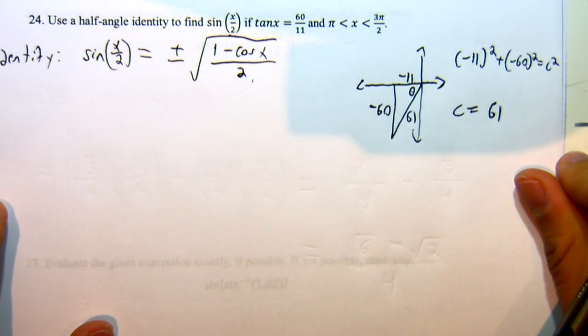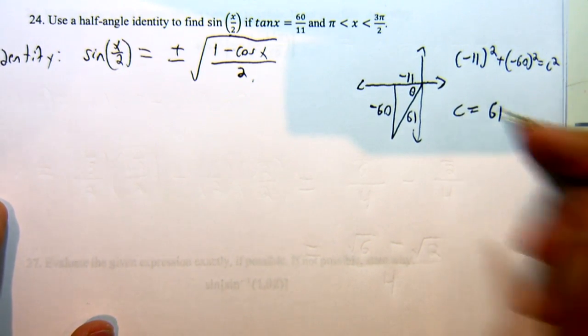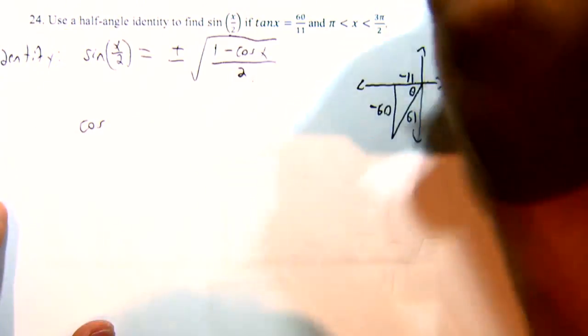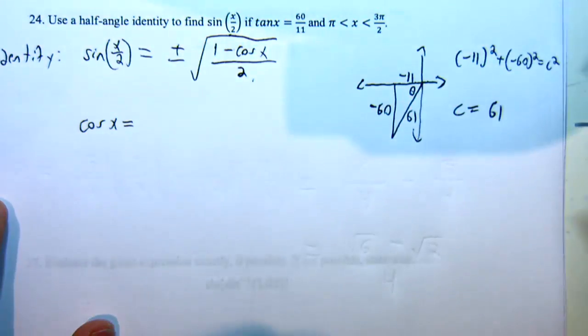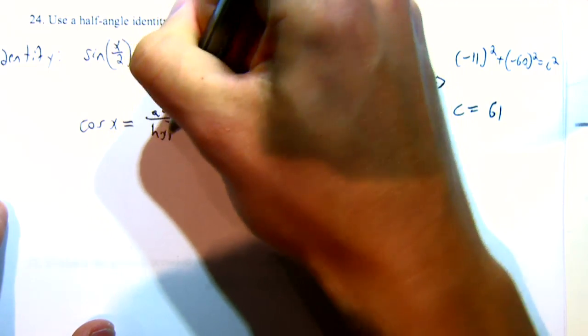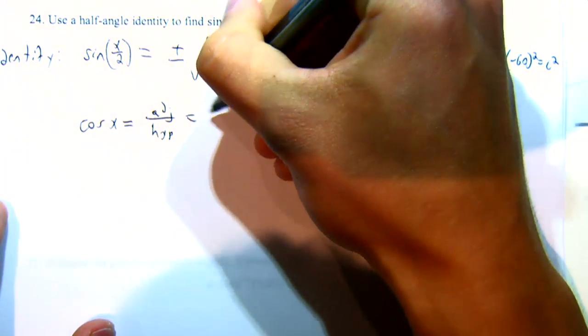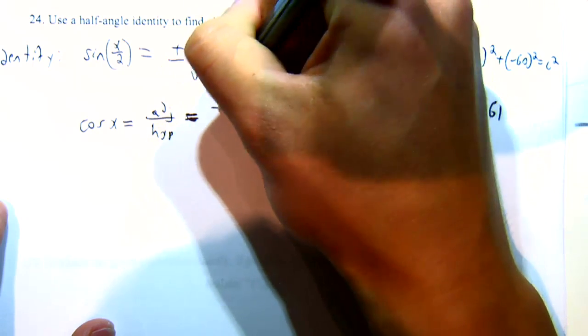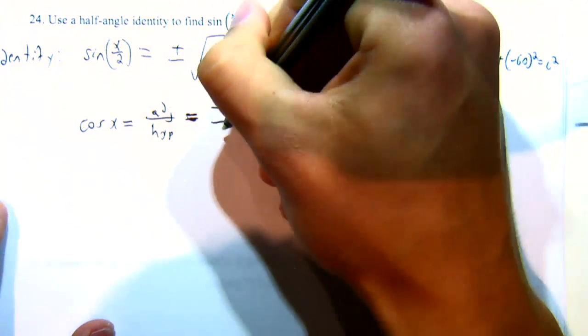Alright. So going from there, cosine of x is equal to adjacent over hypotenuse, which is negative 11 over 61.